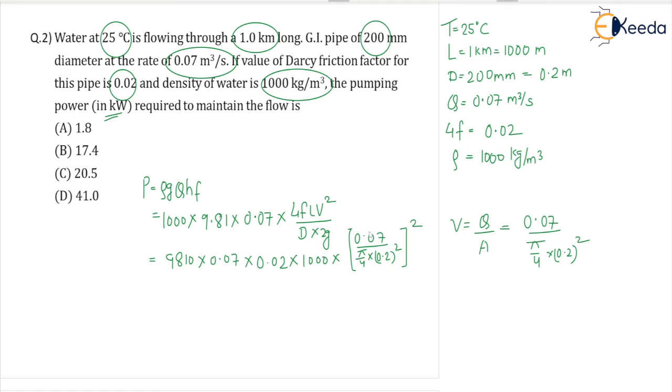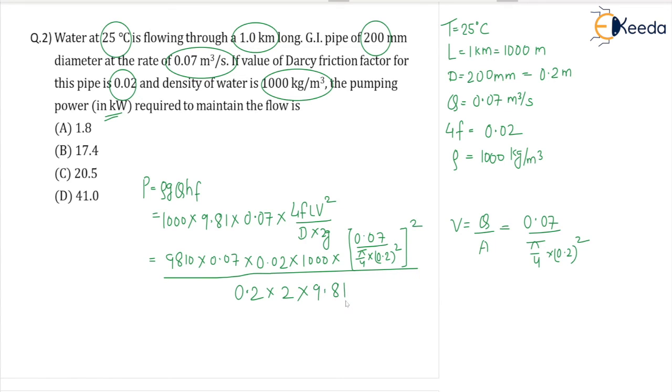So I got v square, discharge by area whole square, divided by d, diameter, 0.2 actually, into 2 into g, 9.81.